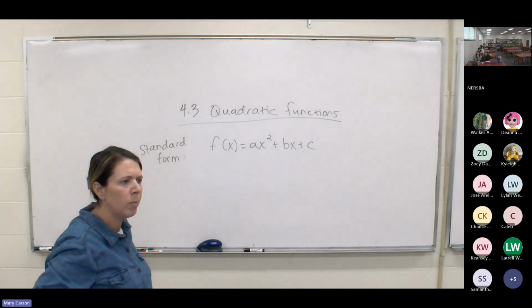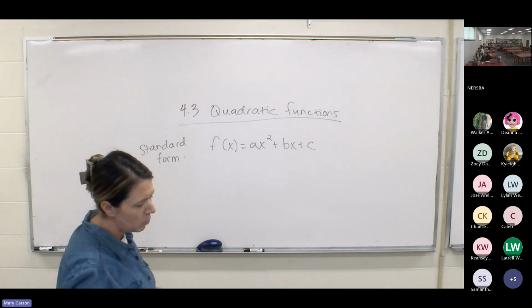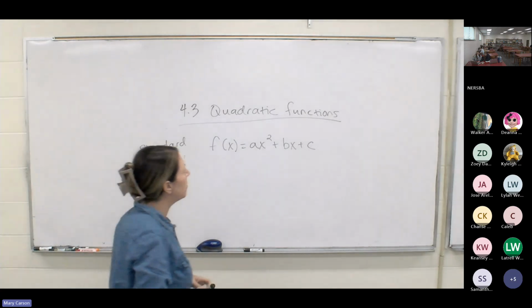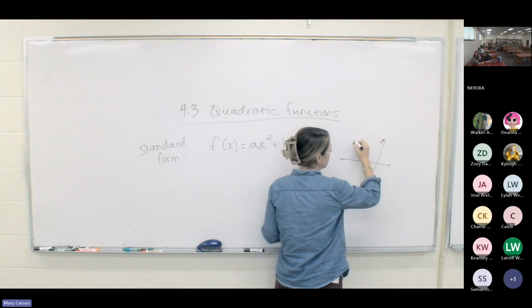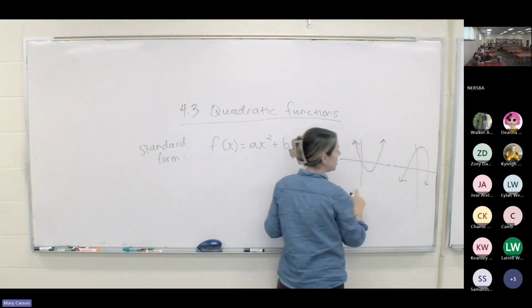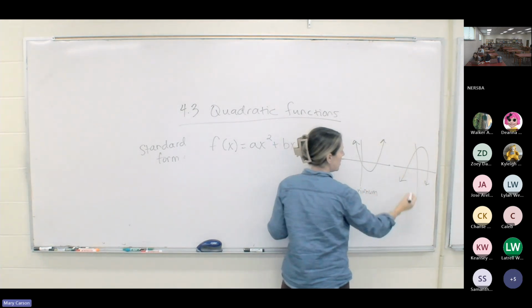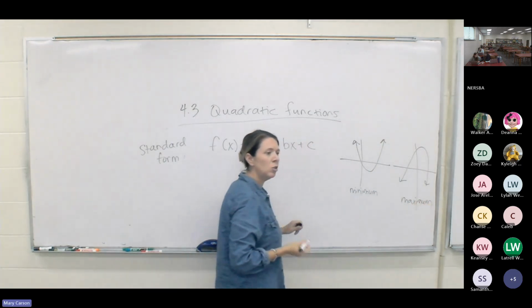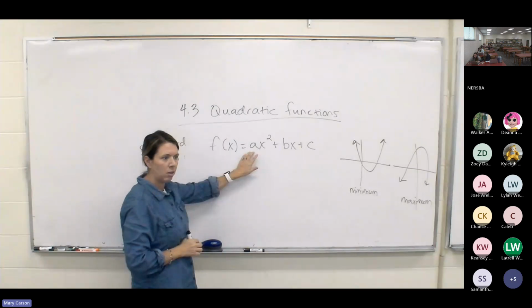Yes, because remember we had to do the quadratic formula and you had to pick it from that, right? So this information can also tell you some information about your parabola. Remember, a quadratic can look like this, or it can look like this, right? This is called a minimum. And this is called a maximum. And the way that you determine which way it opens, up or down, is by the value of A here.